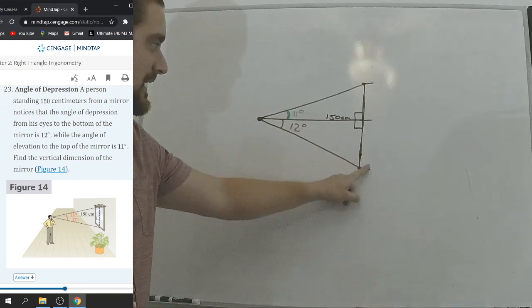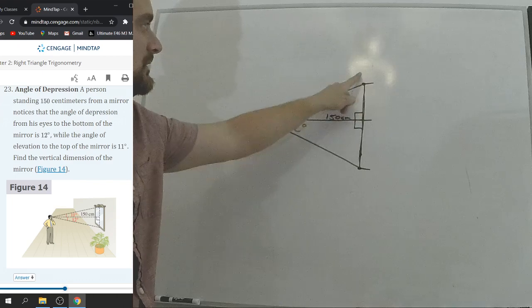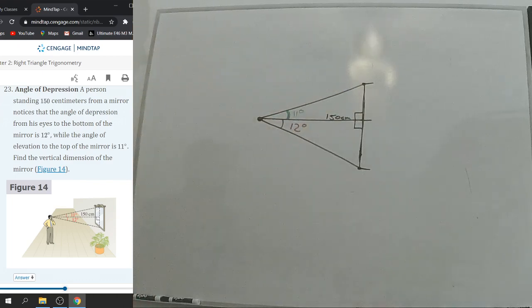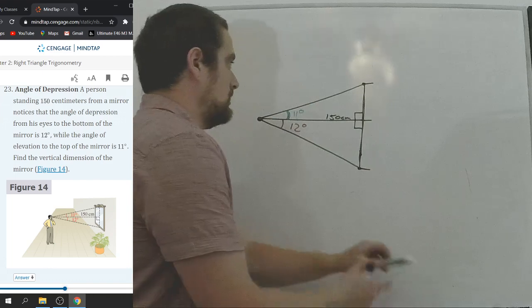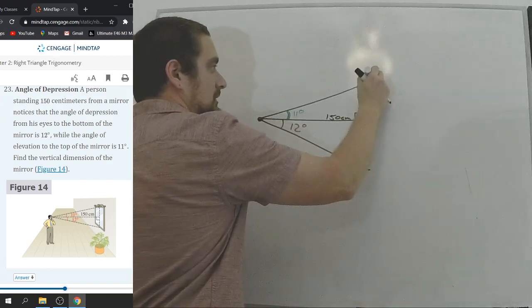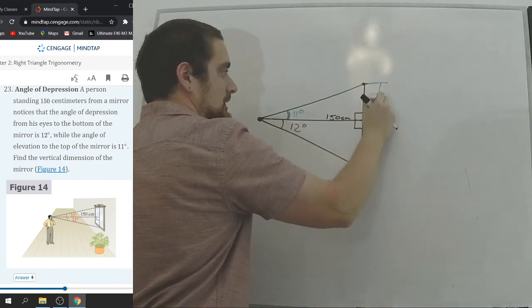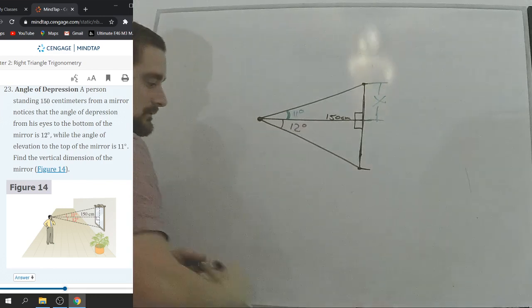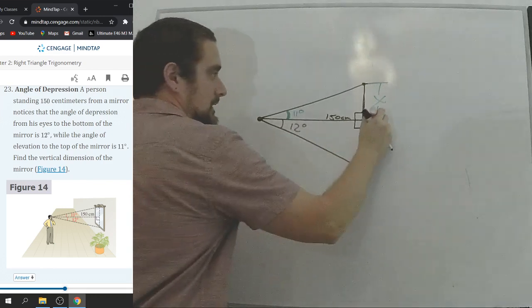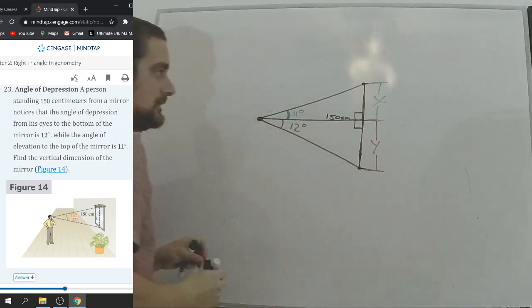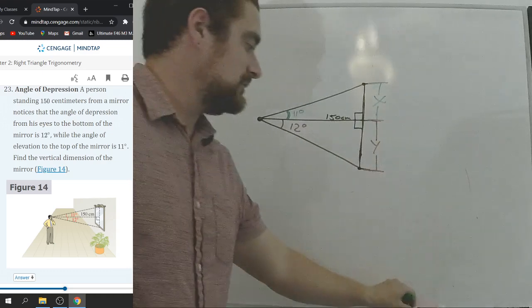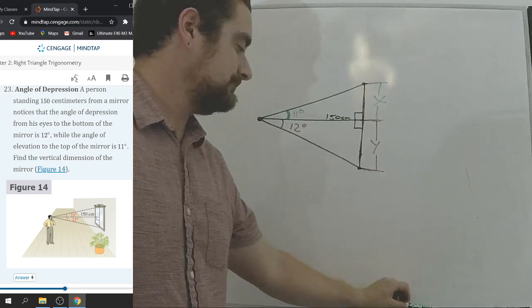But neither of these angles, the one down here or the one up here, is a 90-degree angle, so we can't use those trig functions right now. What we want to do is break it apart. I'm going to call the height of the top piece x, and the height of the bottom piece y. All I'll have to do is combine x and y.